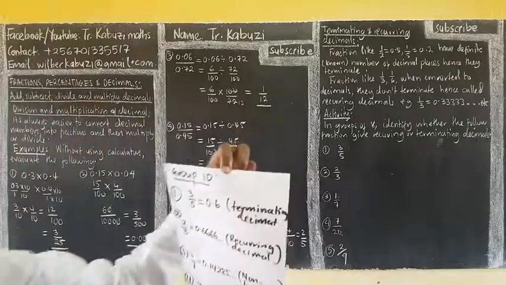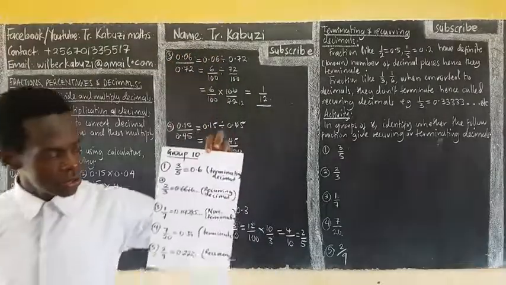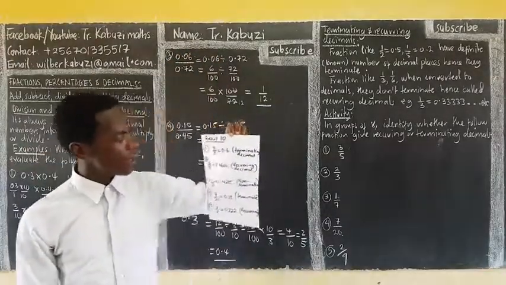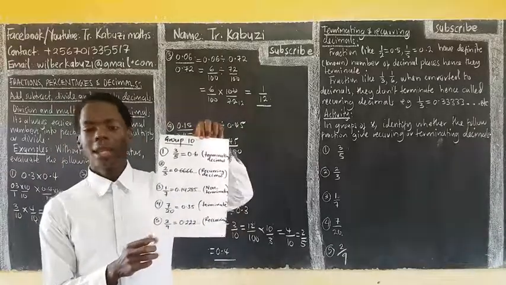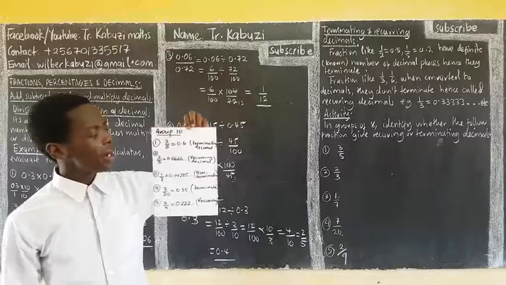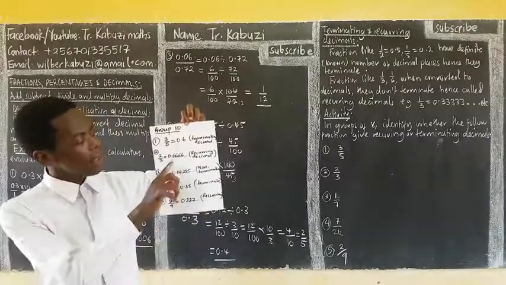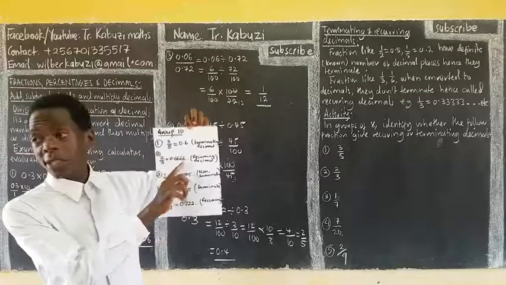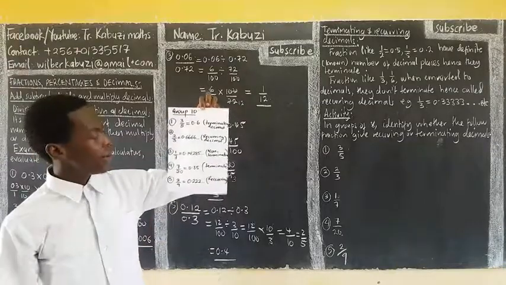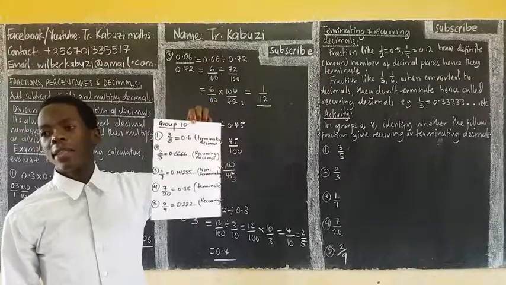Okay, then we go to number 2. Number 2, we have 2/3. They are putting 3 dots after. That means that this one is recurring. Something is repeating: 6, 6, 6, 6, so 6 is repeating. Then on 3, they have this. Here they are not putting recurring.